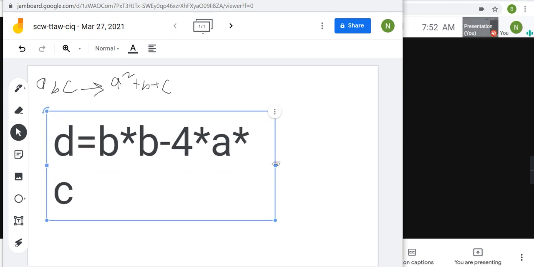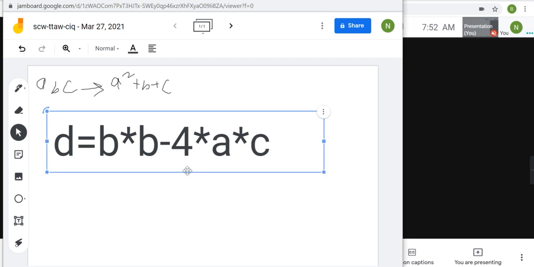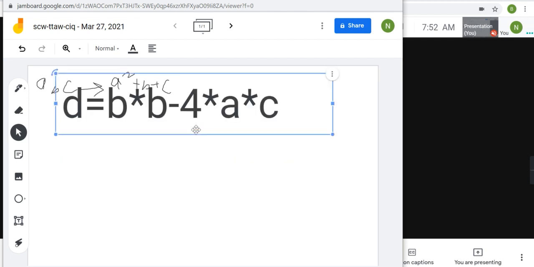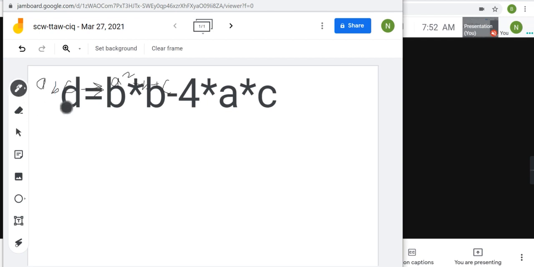So in this case, what we are going to do is, after getting the formula b square minus 4ac, for example, if I give the values 3, 4 and 5 as the coefficients of a, b and c, then we are going to calculate the value of d.